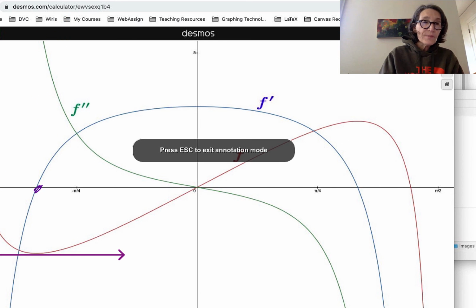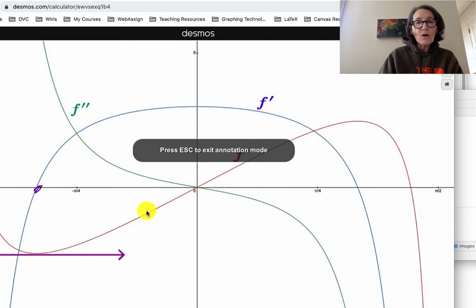Also notice that the slopes before that point, the slopes of the tangent lines to f, are all negative. From negative pi over 2 up to that point, the slopes are negative. Well, look at the y-coordinates on f prime. Those y-coordinates are all negative there. Then the slopes of the tangent lines to f become positive from that point between negative pi over 2 and negative pi over 4, all the way over to this other point where it turns around.